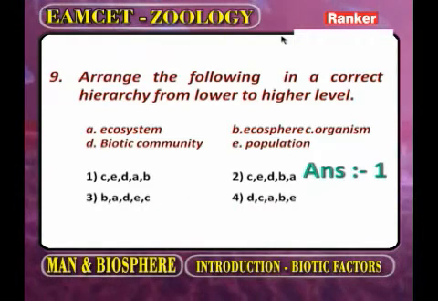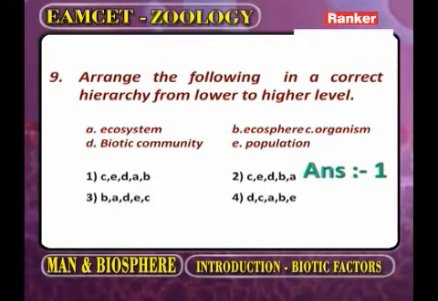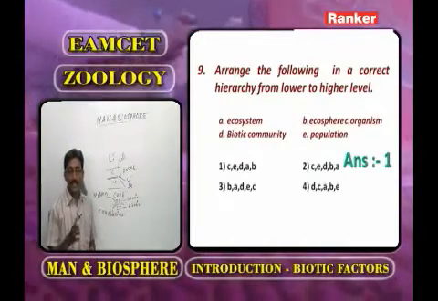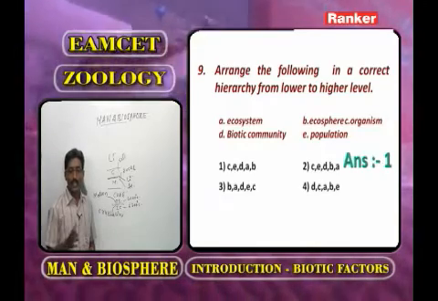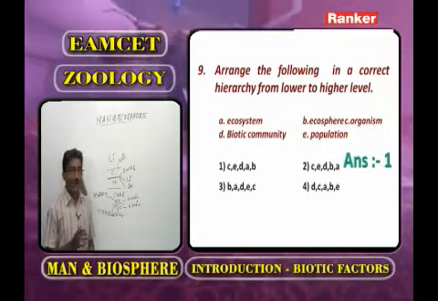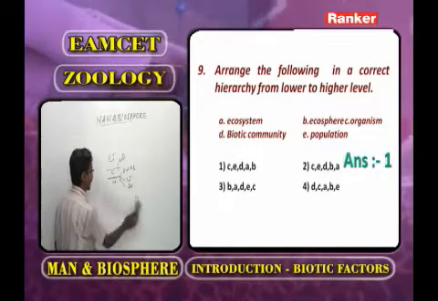Arrange the following in the correct hierarchy from lower to higher level. First we have to observe the options given. One is ecosystem, second ecosphere, third organism, fourth biotic community, and fifth population.